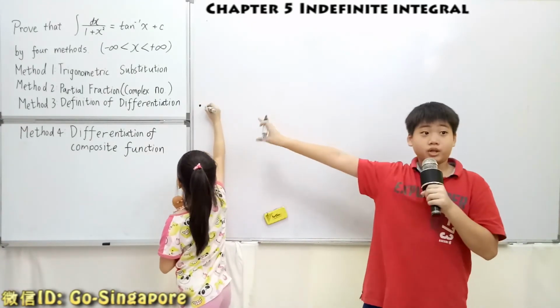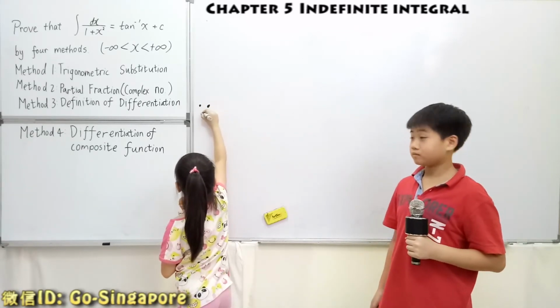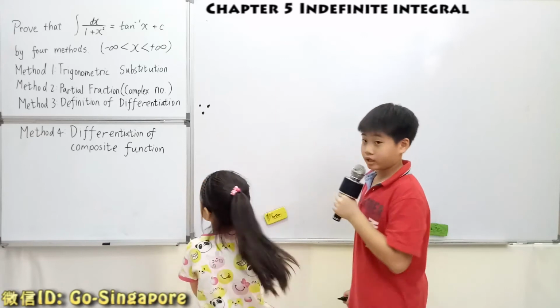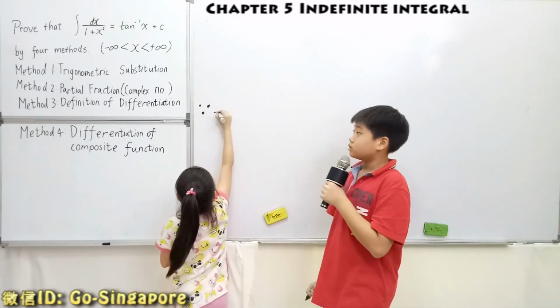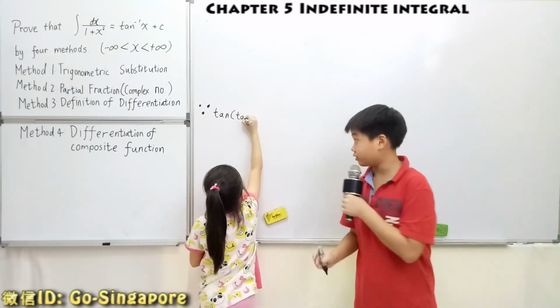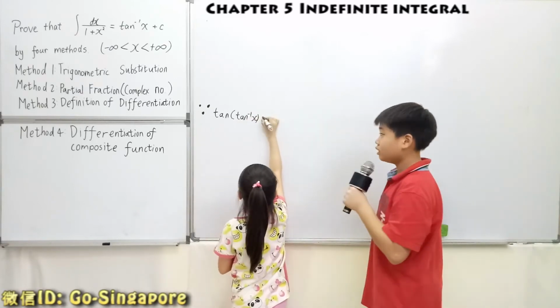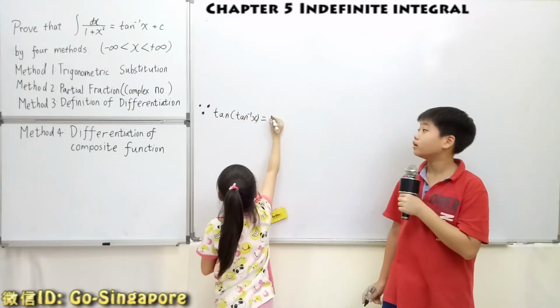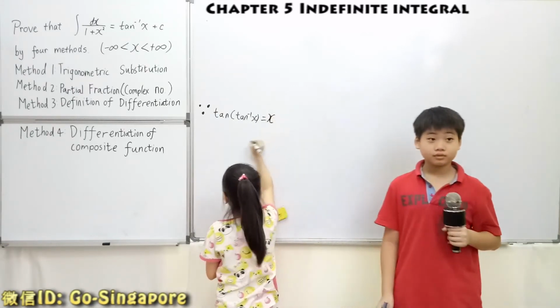So this will be the last method. Because of that, here we can have a tangent and an inverse tangent, so this is x, right?